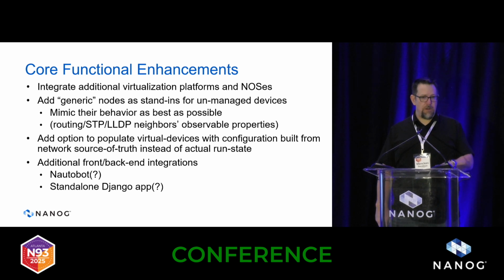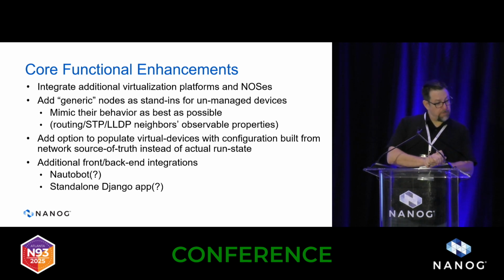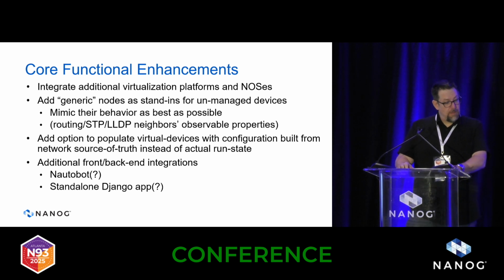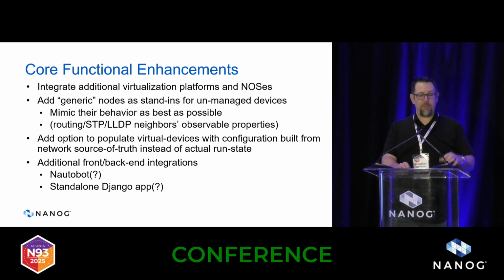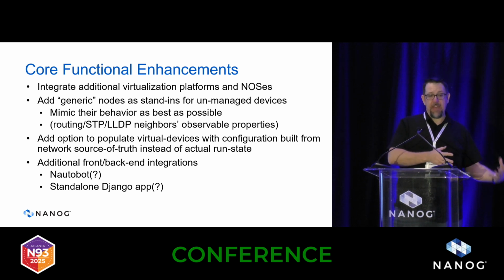And the other near future, I hope, enhancements include trying to create generic partner nodes for the devices that we don't manage directly, that we don't actually have the ability to pull run state from, to the extent that we're interested, say, in BGP behavior in our network.